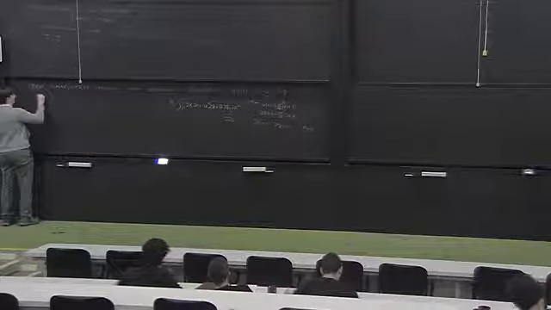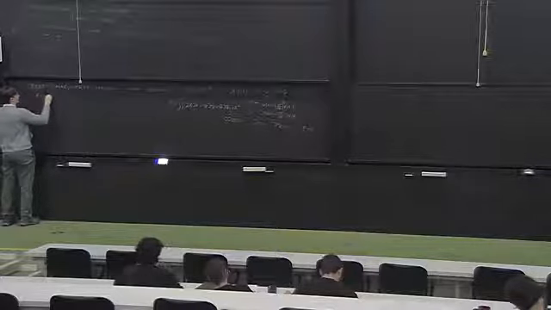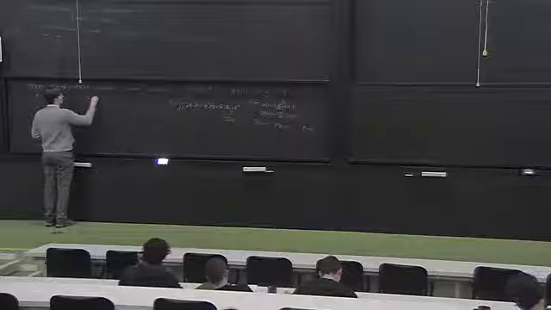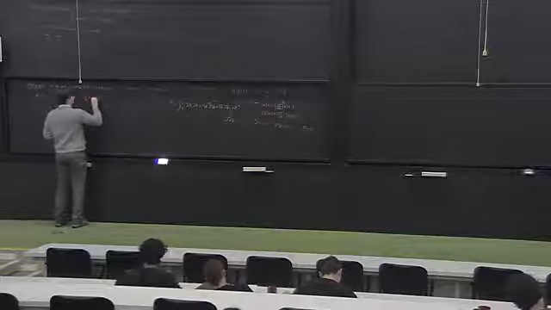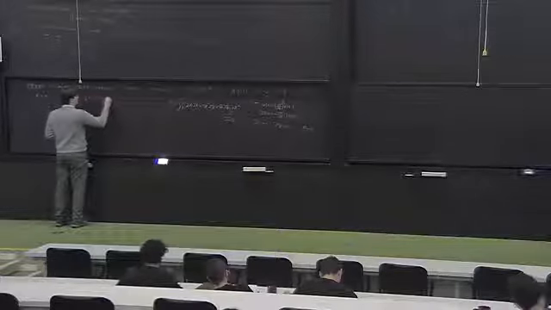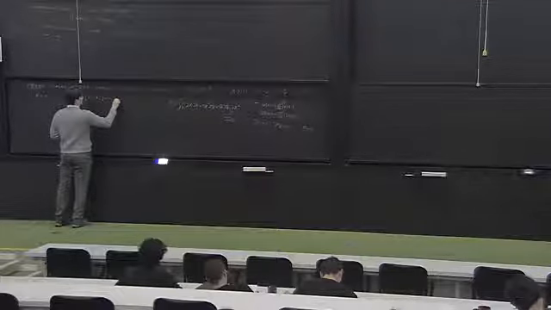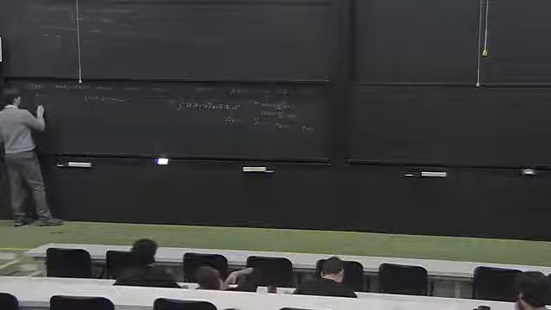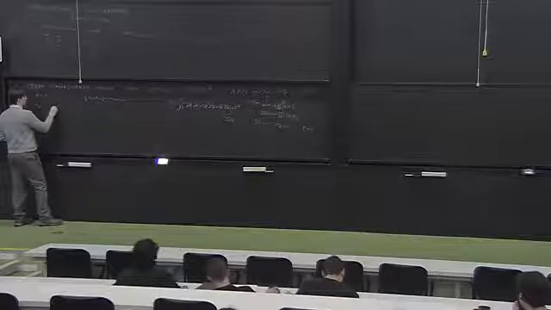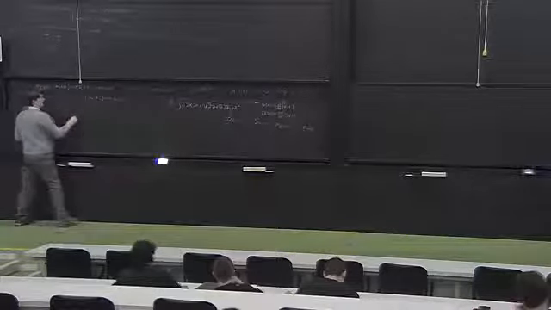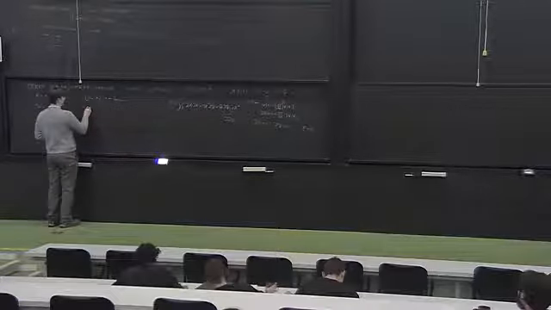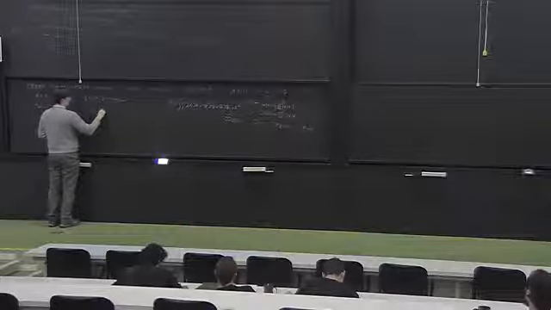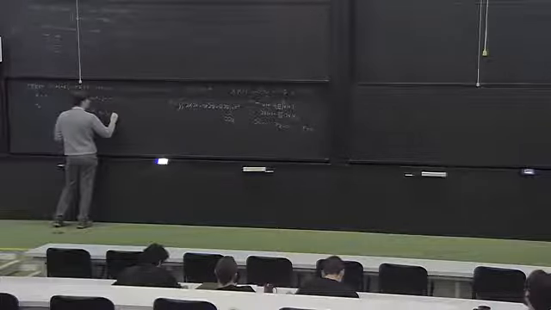So remember we expanded the free boson in modes, and then we quantized it by something like that. For the free fermion, again, we're going to expand it in modes and write down some commutation relations.